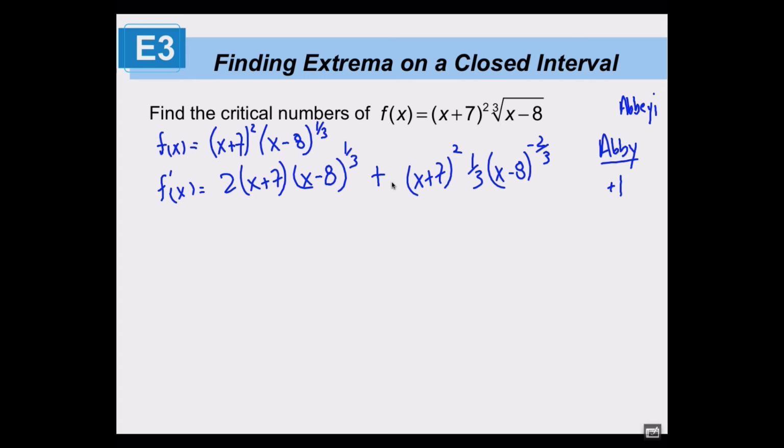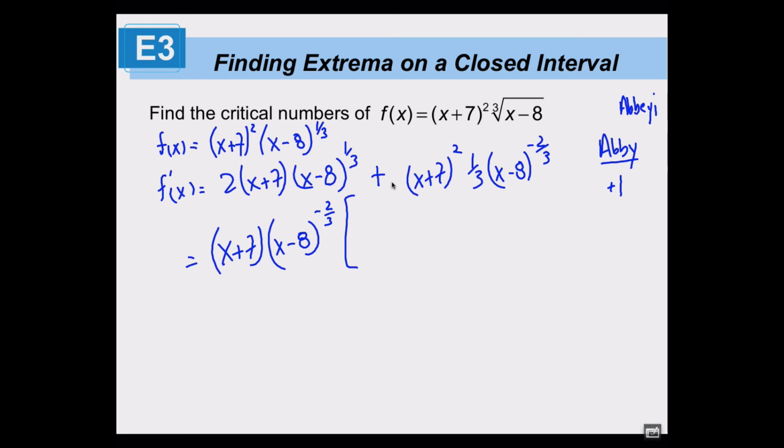That's exactly what I would do. Where did the negative 2/3 come from? 1/3 minus 1. I see it there. Going to take out an x plus 7. Which x plus 7 do I take, x plus 7 to the first or x plus 7 to the second? The first. Outstanding. We're going to take out an x minus 8. Which x minus 8 do I take out, the 1/3 or the negative 2/3? Negative 2/3.